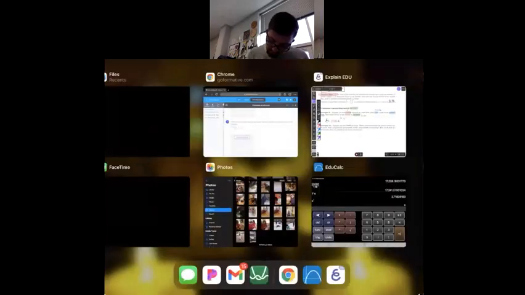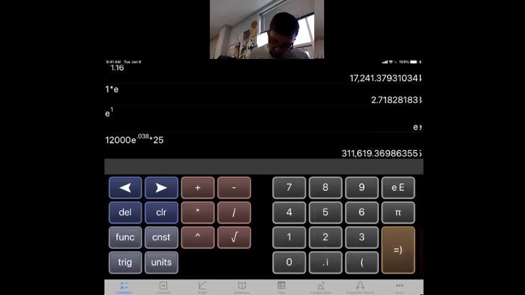So 12,000 e to the 0.038 times 25. Parentheses around there. Notice how the exponent does not have the 25 in it.